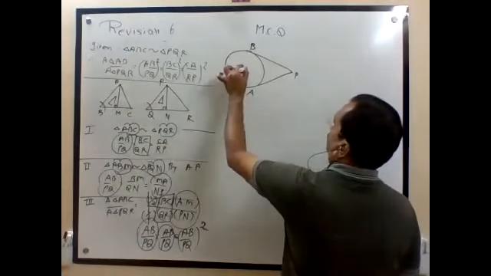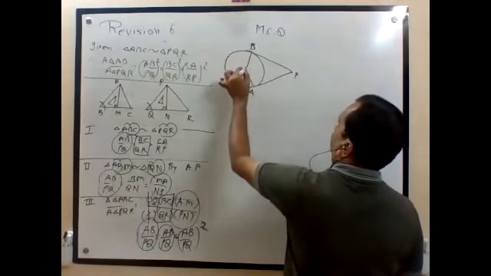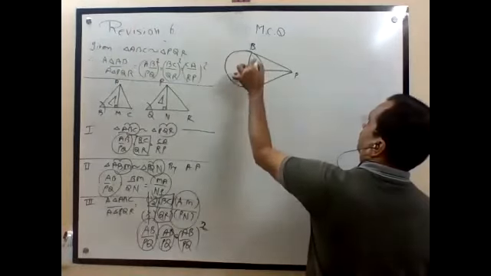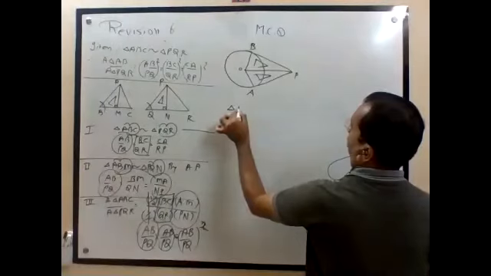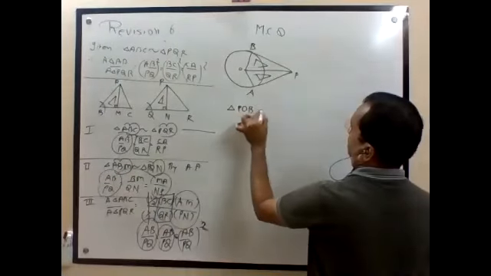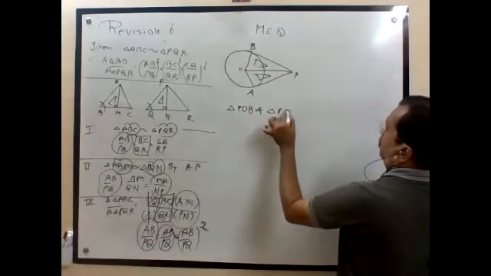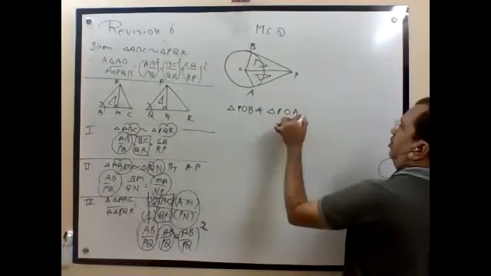Construction: OA, OB, OP. Now in this triangle and this triangle, triangle POB and triangle POA, upper and lower.